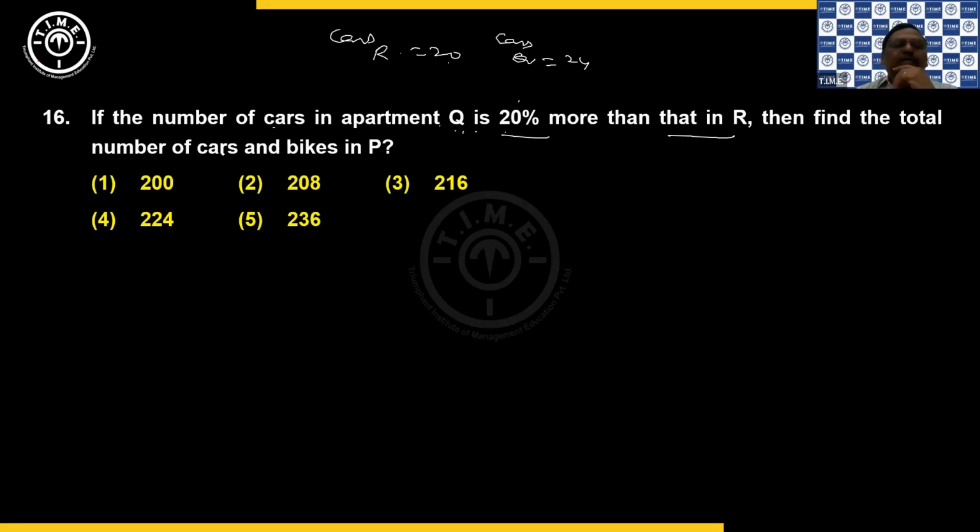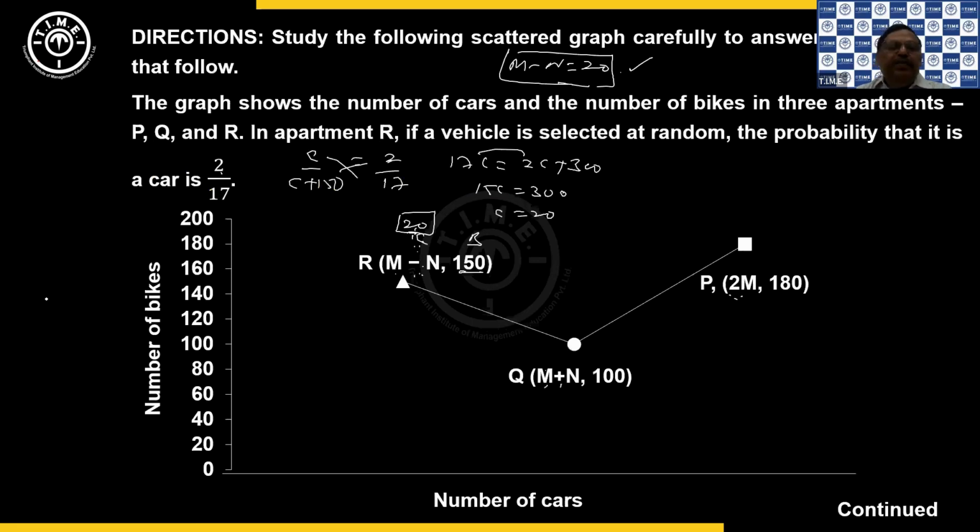Then the total number of cars and bikes in P. The number of cars in Q is M plus N, so M plus N is 24. And M minus N is 20. So from this I can say 2M is equal to 44.